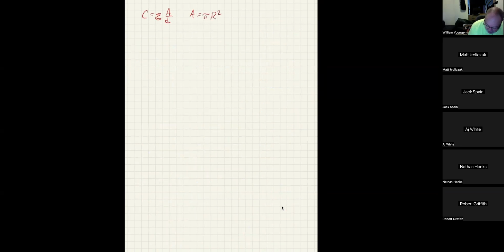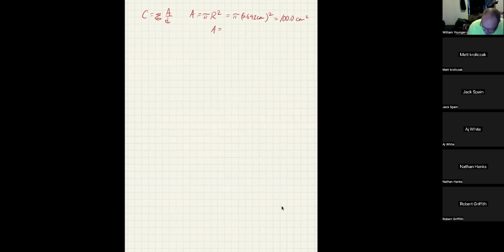So A is actually going to be pi times 5.642 centimeters squared, which lo and behold turns out to be 100.0 square centimeters. And then of course, A technically needs to be in square meters.